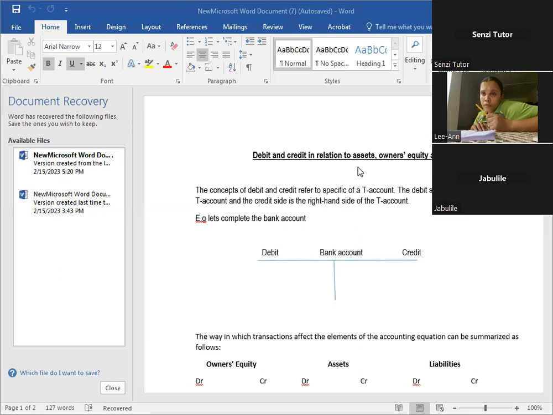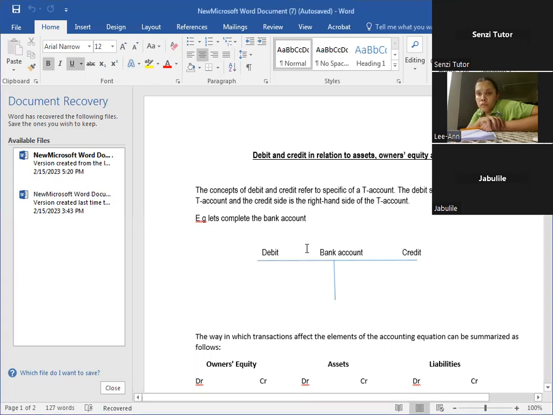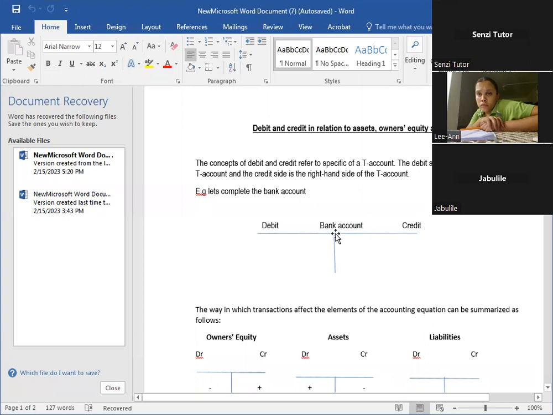Now, a debit and a credit in relation to assets, owner's equity, and also liabilities. As we all know, the concept of debit and credit refers to a specific side of a T account. The debit side is the left-hand side of the T account, and the credit side is the right-hand side. This is a simple example I've made for you about a bank account.